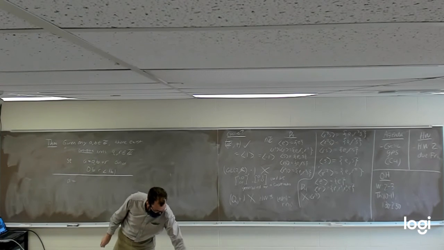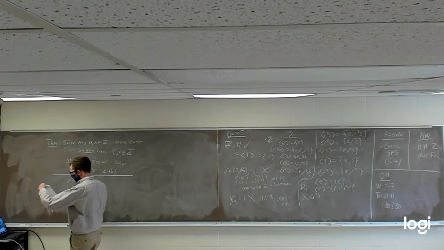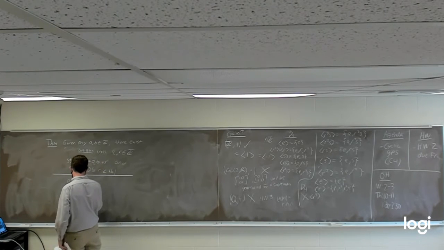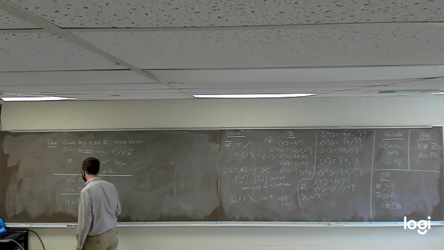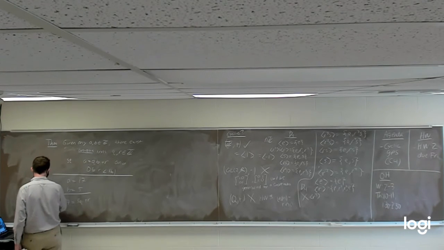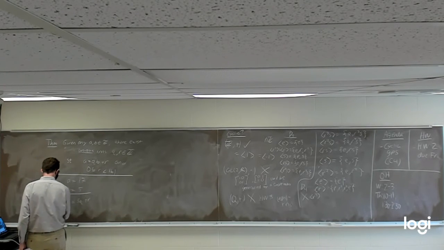So let's say we had a equals 17 and b equals 5. I want to be able to say 17 is equal to 5q plus r for some r that satisfies r is between 0 and the absolute value of b, which is 5.